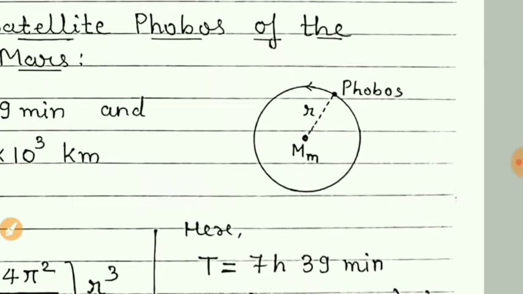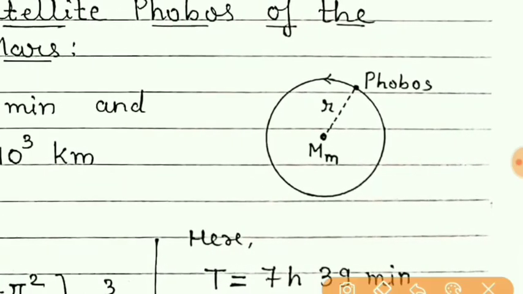I have shown a figure that this is the center of the mass and this is its natural satellite Phobos, which revolves around Mars, having radius r of this circular orbit.